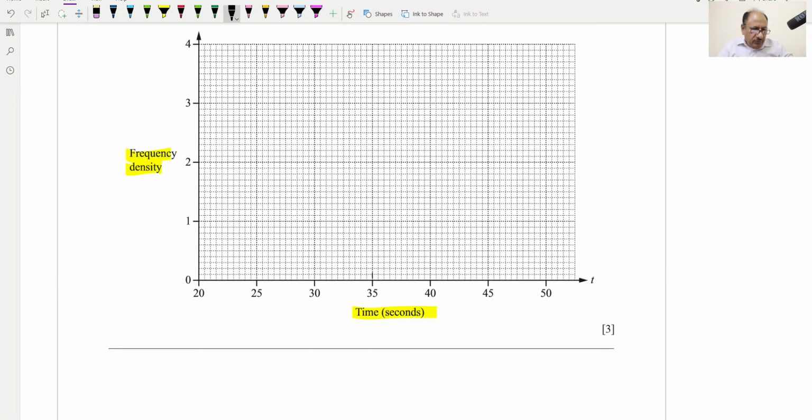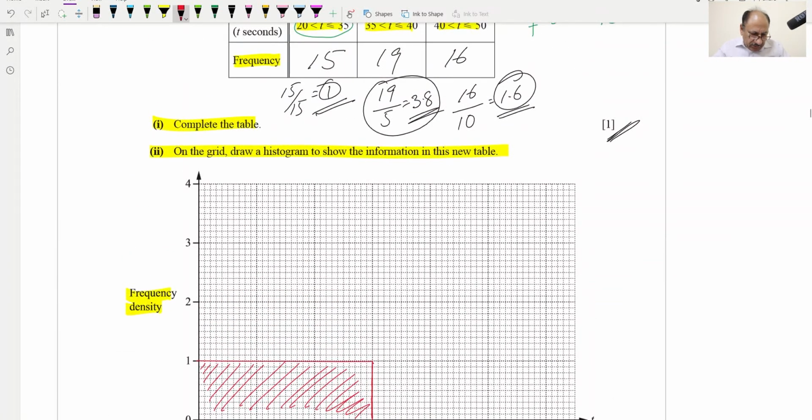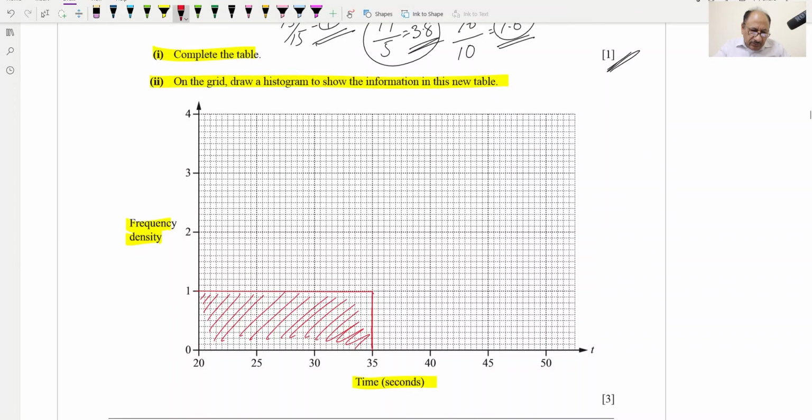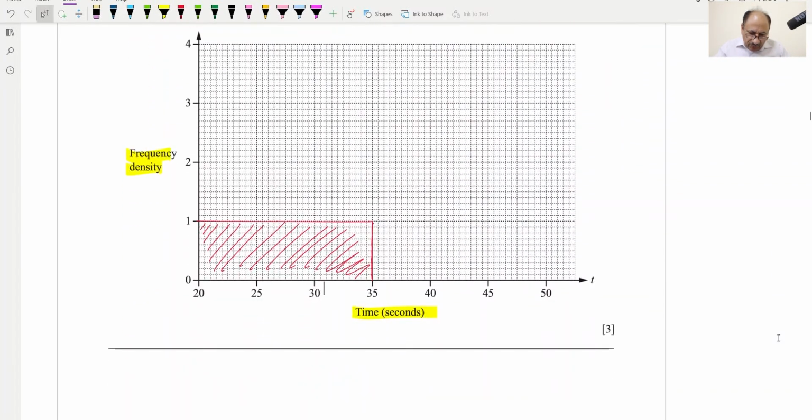We will change the color so that you can understand properly. Up to this one and up to one height, we need to draw the bar. This will be the histogram for the first class width. For the second one, we have 3.8, and the class width is 35 to 40.